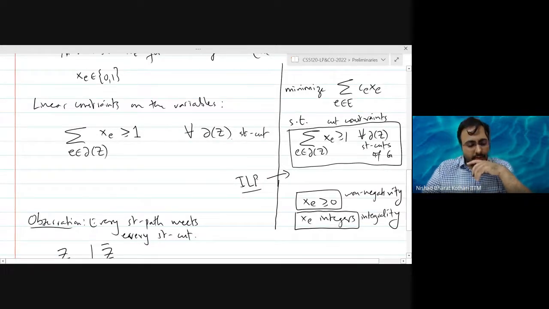So let me ask you this: if you take an ST path in your graph, will it actually satisfy all the constraints? If you take an ST path P, and for all the edges in the path, you put the x_e variable to be 1, and for all the other edges of the graph, you put x_e to be 0. Will this be a solution to your integer linear program that we have written down?